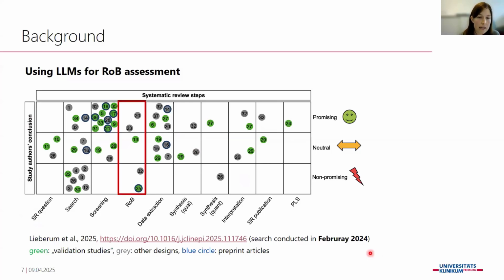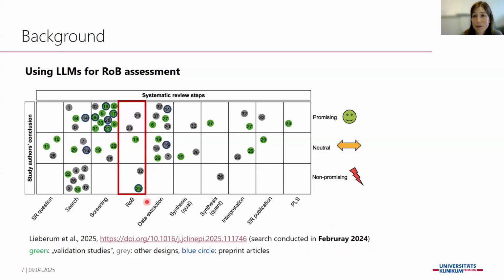If you have a look just at the risk of bias section here, you can see that at this point in February 2024, when we conducted our search, we did not identify so many applications of large language models for risk of bias assessment.